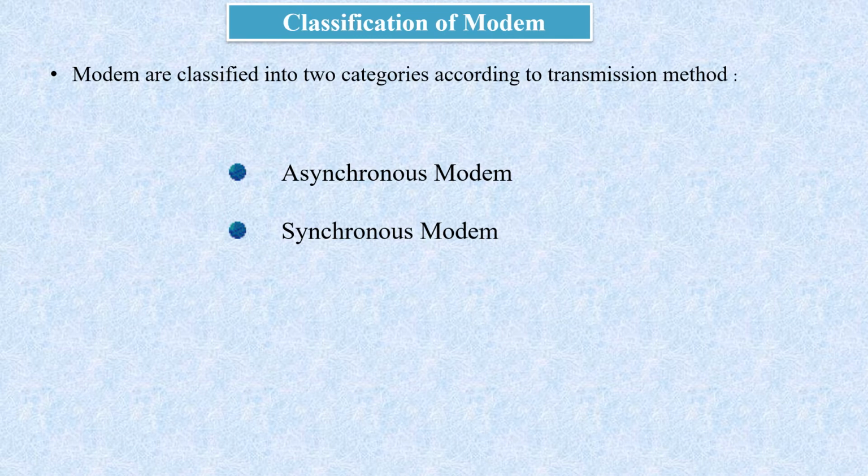Third, on the transmission mode, there are two types, that is asynchronous modem and synchronous modem. So modems are classified into two categories according to the transmission method. Only we are going to see based on the transmission method. So what are they? Asynchronous modem and synchronous modem. So we'll see now this in detail.